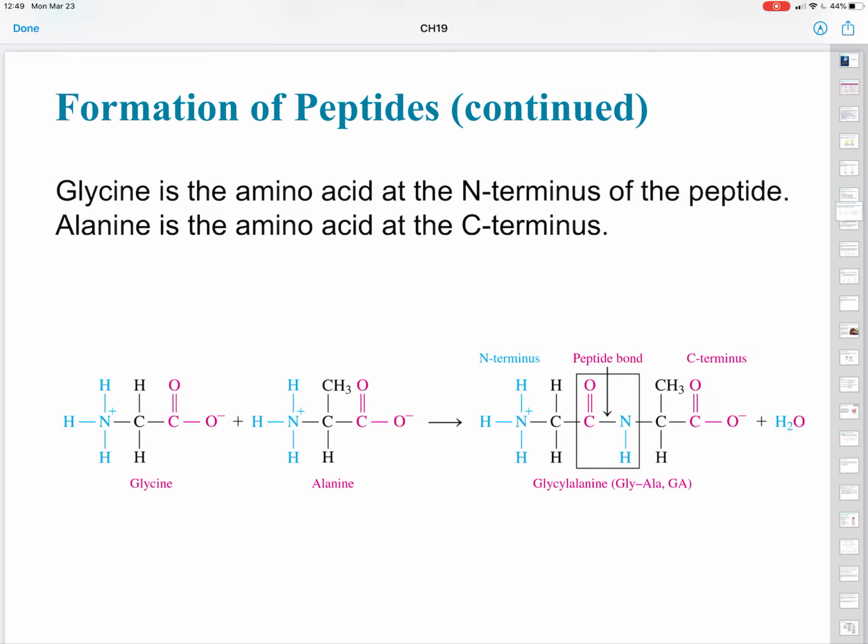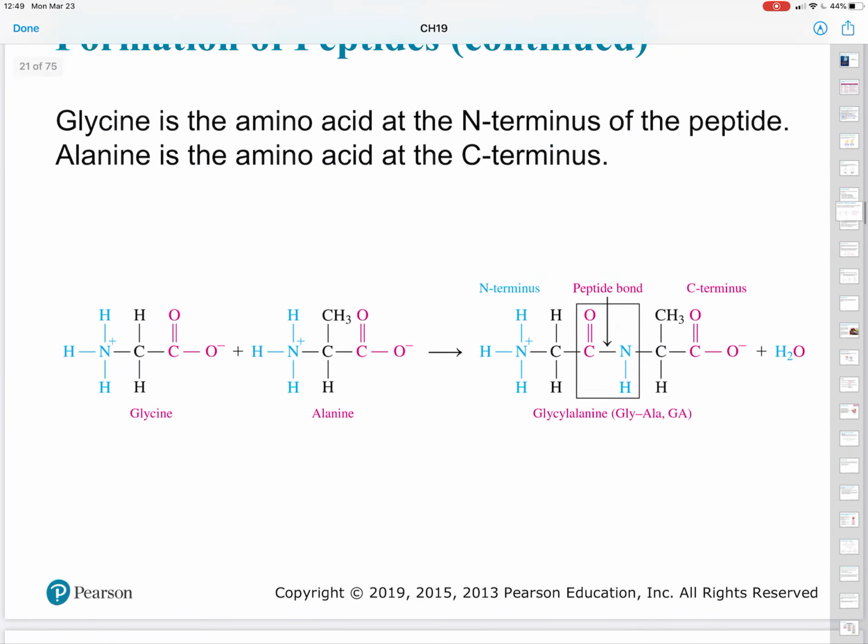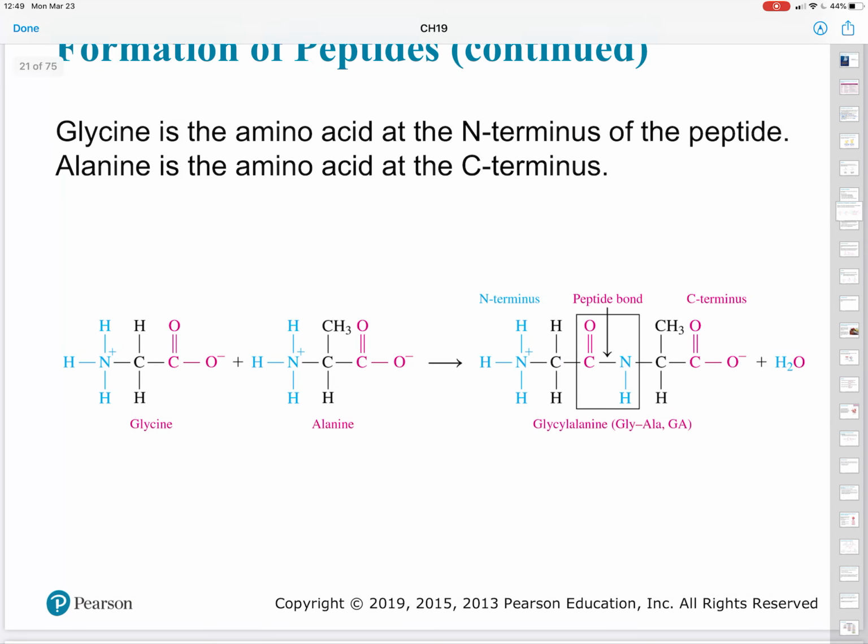This one is another version of what we just saw. Instead of ball and stick models here, we're seeing it more in the expanded view. And again, we should just recognize that we're going to lose a water and then just connect these together. So that's what's happened here.